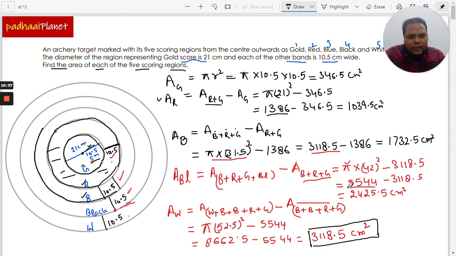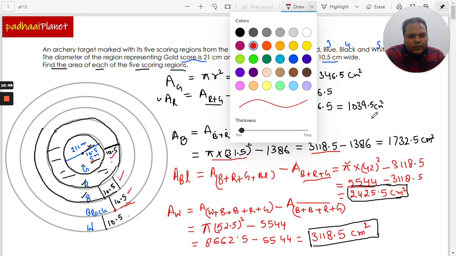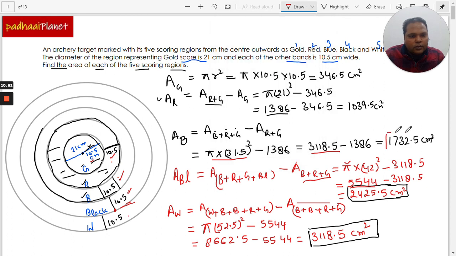Then we have black region area, right? Then we have blue region's area, which is this. Then we have red region's area, this is red, and this is the area of the gold region, right?